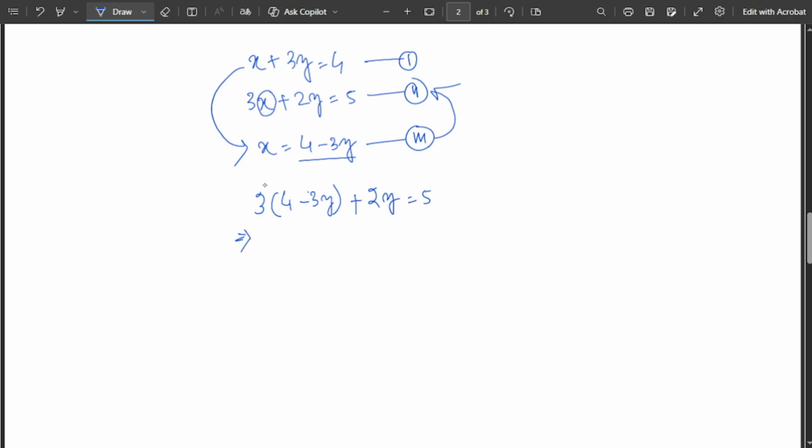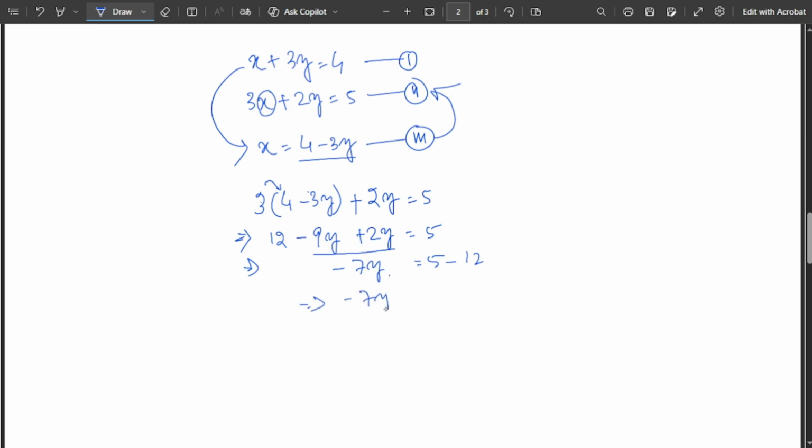Now by distributive property, 3 times 4 equals 12, minus 3 times 3y is 9y, plus 2y equals 5. Now taking this 12 to the other side, we get 5 minus 12, and on this side minus 9y plus 2y becomes minus 7y.